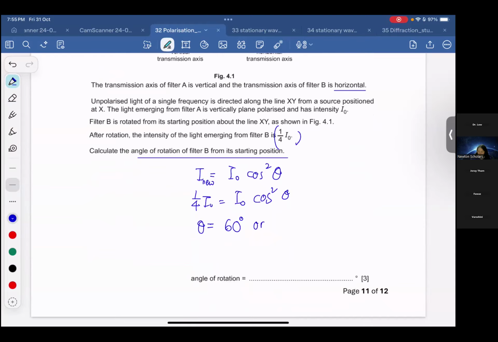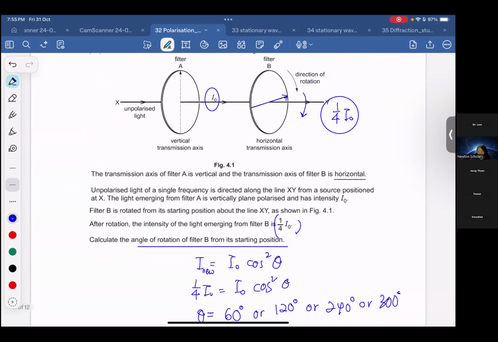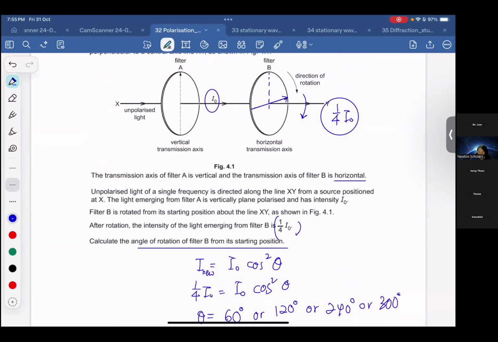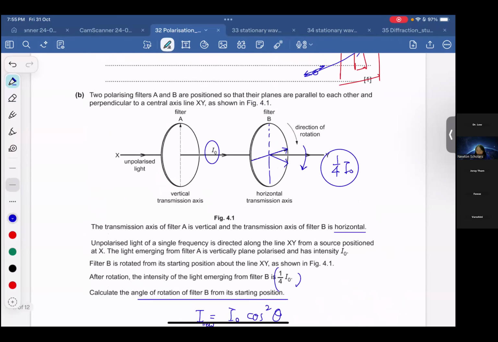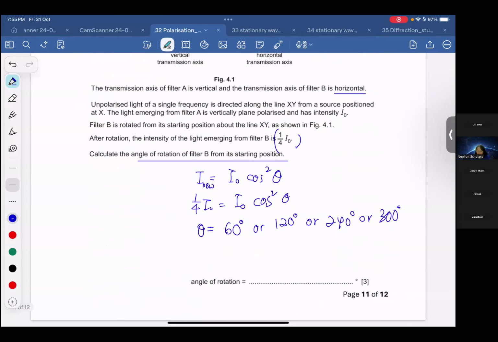Okay, if you continue doing the calculation, actually it can be 120, 240, or 300. Okay, if 120, it will be somewhere here. The delta that you count actually is from the vertical, compared to your filter A. You know what I mean?